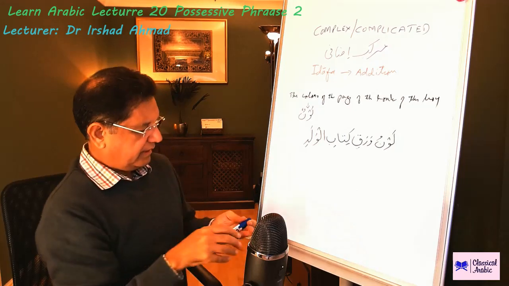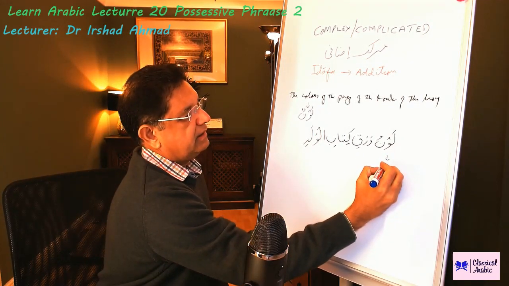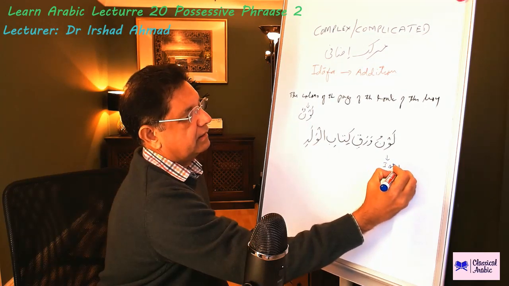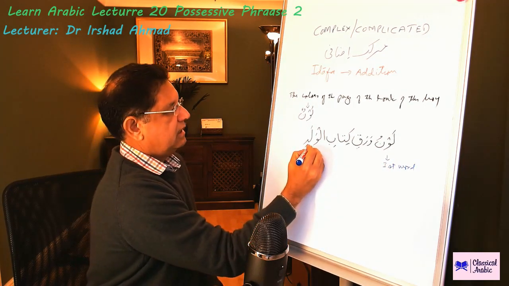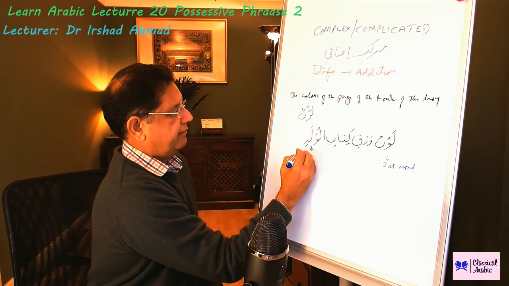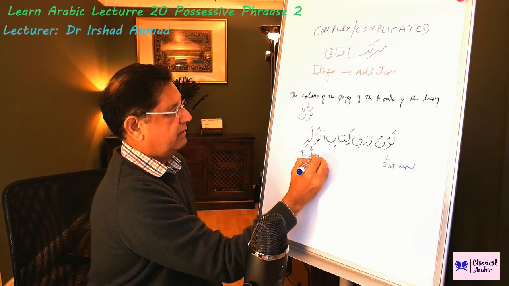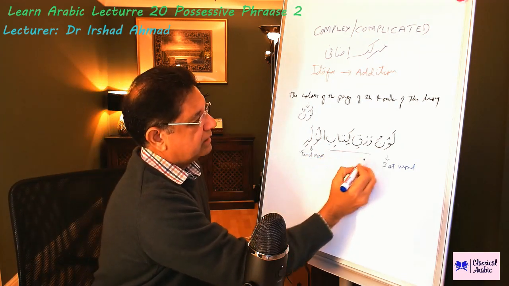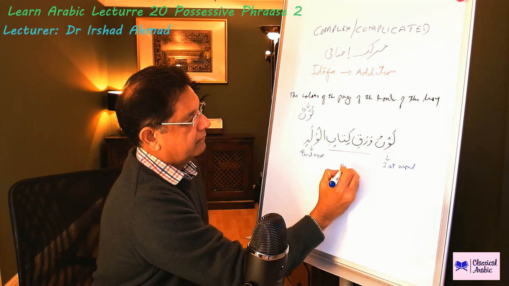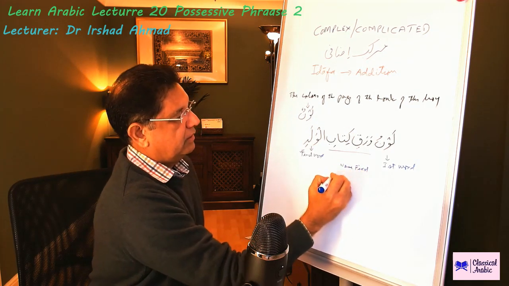Now in this construction, another way of saying it is that this is the first word of idafa, and this is the last word, or final word, of idafa. And these two are non-first and non-final words.